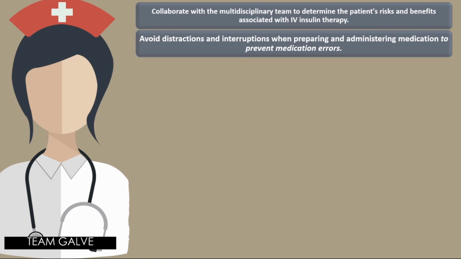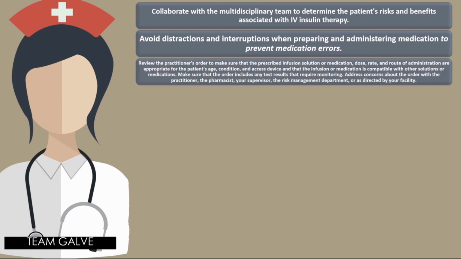Okay, alright. Next, review the practitioner's order to make sure that the prescribed infusion solution or medication, dose, rate, and route of administration are appropriate for the patient's age, condition, and access device, and that the infusion or medication is compatible with other solutions or medications. Make sure that the order includes any test results that require monitoring.